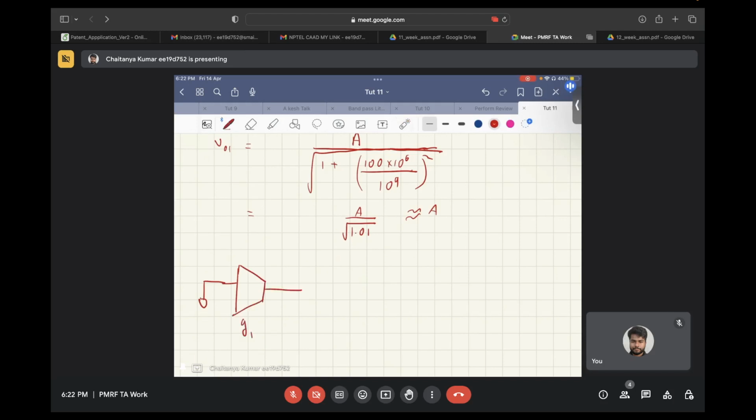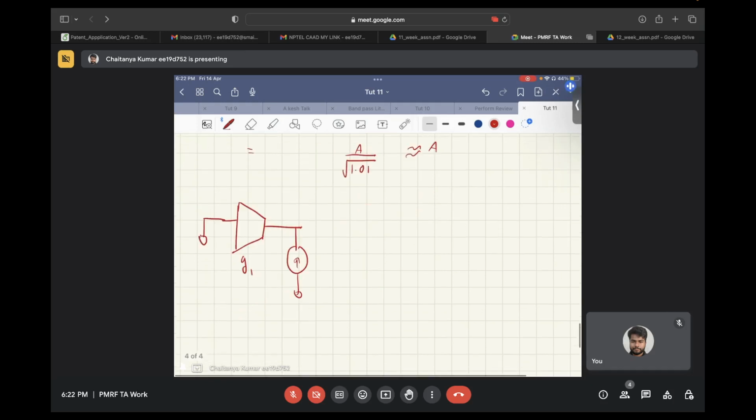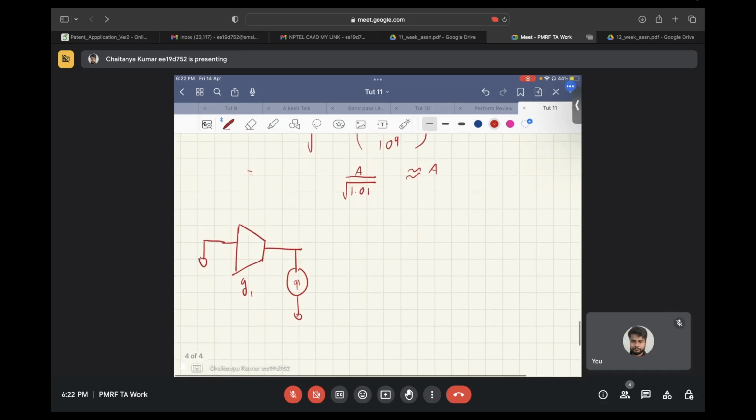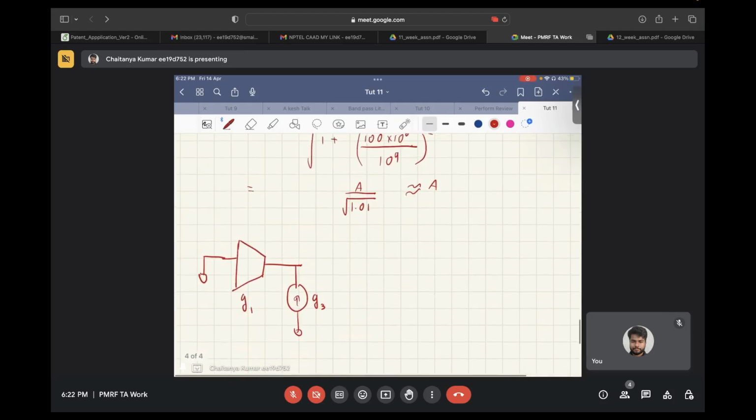So this was G1, and now you have to inject the current of G3 into Vi cube, correct? Yes, sir. That is A cube, and this goes into this RC network.